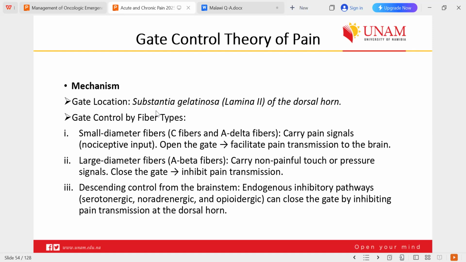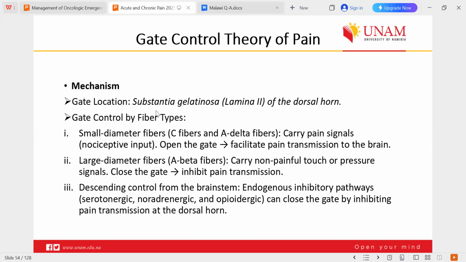So small diameter fibers cause opening of the gate, and this will cause pain to be transmitted to the brain, the thalamus, your somatosensory cortex, and the limbic system. Large diameter fibers, on the other hand, carry non-painful touch or pressure signals, and their function is to close the gate, so inhibiting pain transmission from reaching the brain.